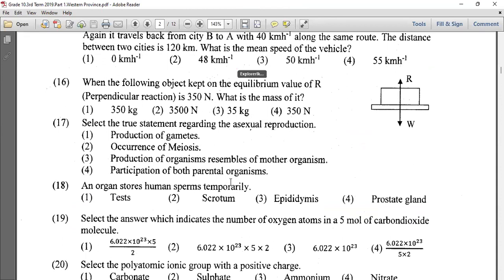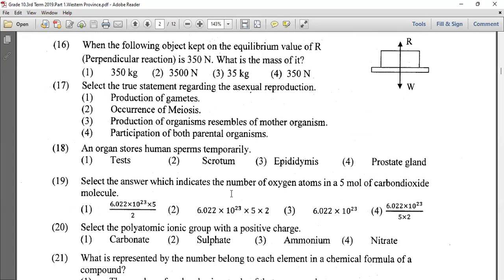They say that when the object is kept on a tabletop or something, it stays at equilibrium, does not move vertically downward or horizontally. So the weight of this object is 350 newtons. Reaction would also be 350 newtons if it needs to stay at equilibrium. They ask us to find the mass. We know weight equals mass into gravitational acceleration.